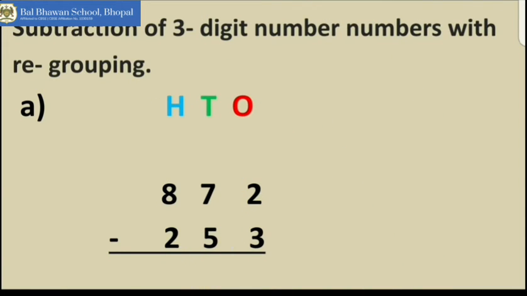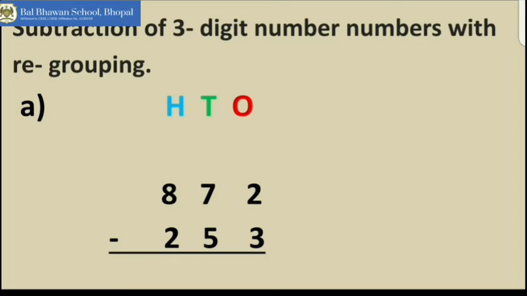Now here the 3-digit numbers are 872 and 253. So children, you have to subtract 253 from 872. And you already know children that whenever we do subtraction, whether it is with regrouping or without regrouping, the bigger number is written on the top.